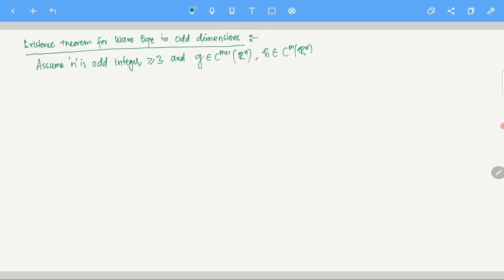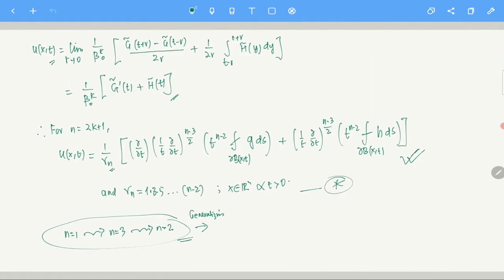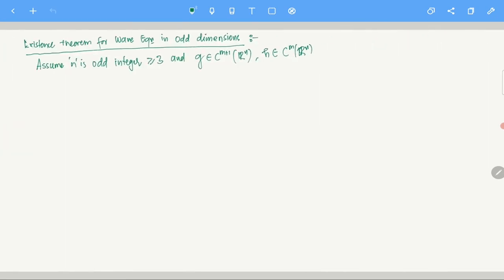See why we need a little more smoothness in G, because we want that G prime is involved here. You see, capital G prime and all this. So G has a derivative kind of thing involved. H does not have any derivative involved in D'Alembert. So that is why we always need more smoothness on G in comparison to H, for m equals (n+1)/2.